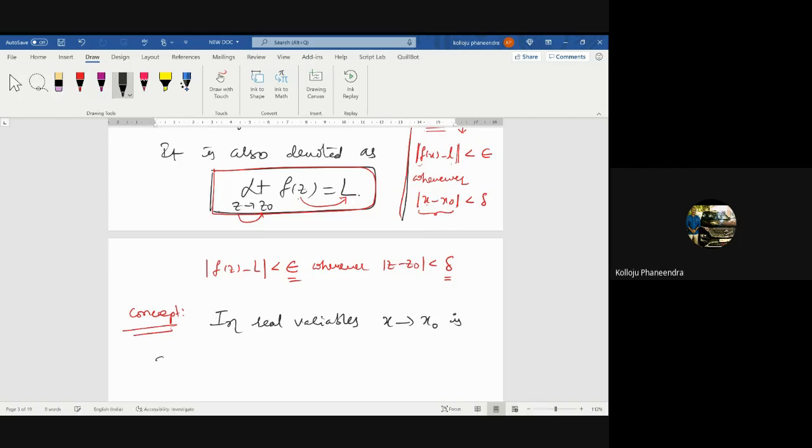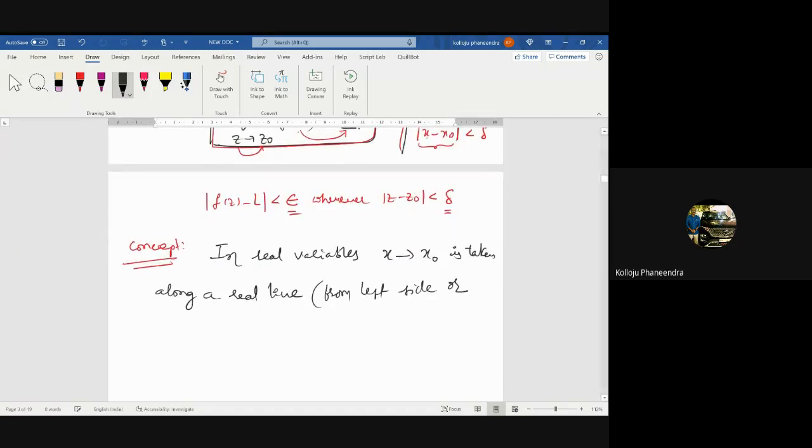It is taken along a real line, from the left side or the right side of x naught.